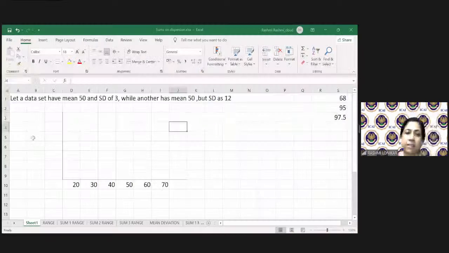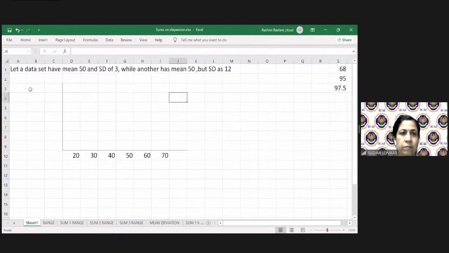Now let us see. Suppose I have this data set. I have a mean of 50 and a standard deviation of 3 for one data set, while another has a mean of 50 but a standard deviation of 12. Now what is standard deviation? We are going to study that, so don't worry, I'm just going to show you how it appears.